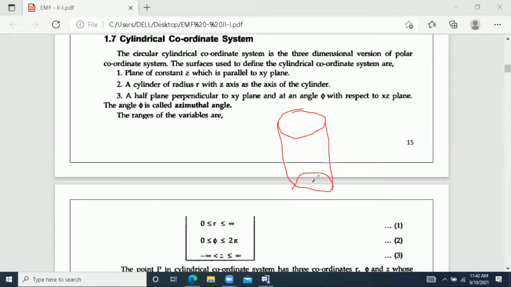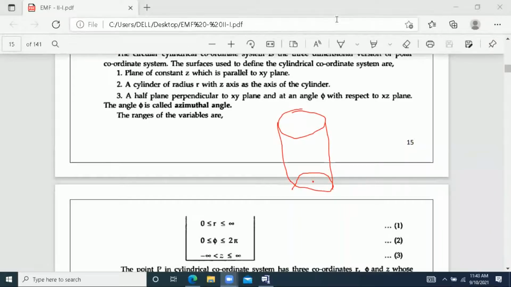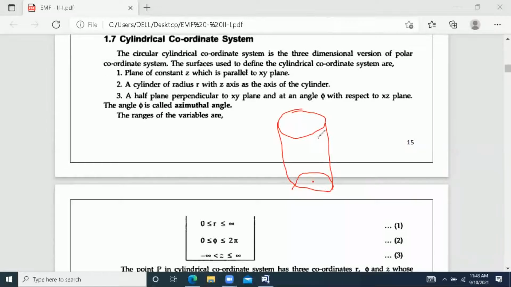Like in the Cartesian or rectangular coordinate, we have x, y, and z. Say you want to get to a point here.